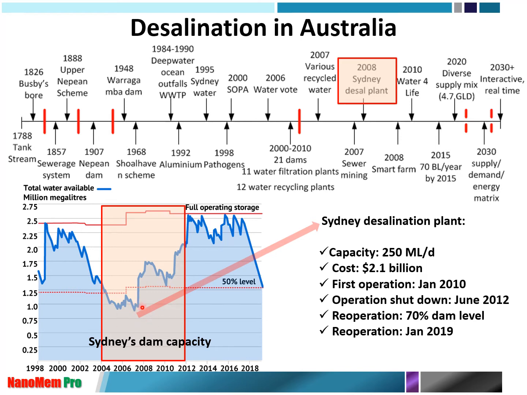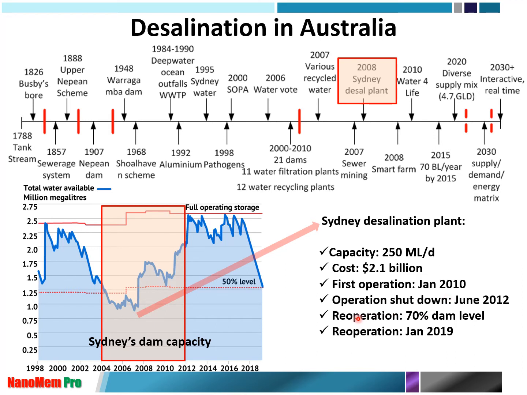after we built one desalination plant, rainfall increased. So you can see it keeps increasing, and the dam was almost fully loaded in 2012. That's the reason why the desalination plant was shut down in June 2012.